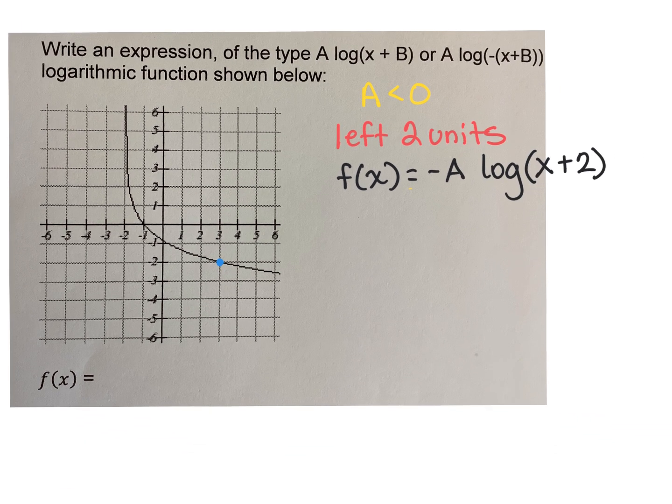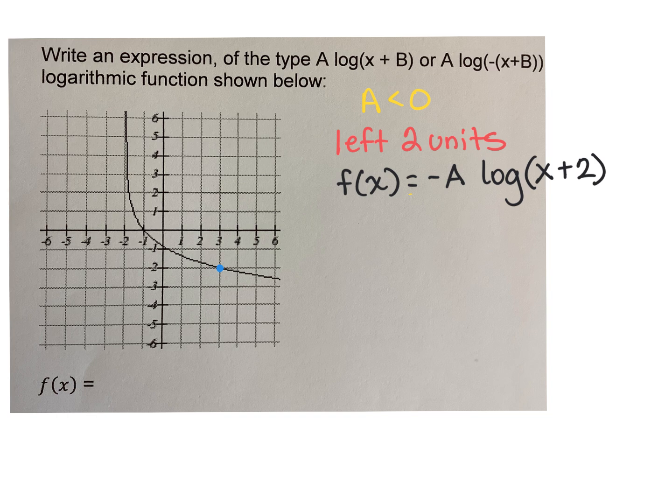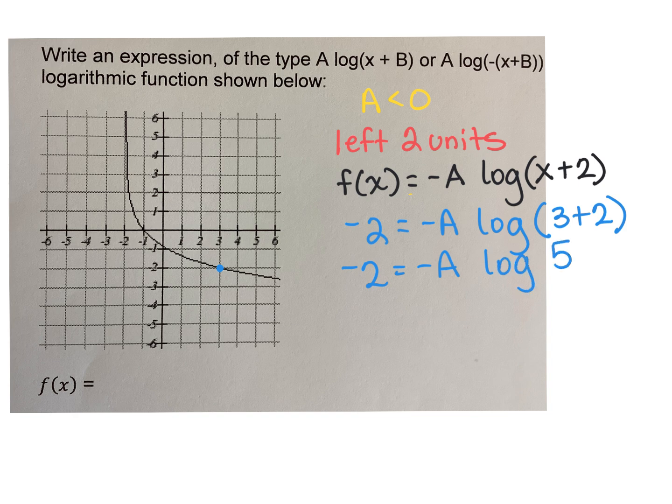So we come back over to our equation and we are plugging in -2 where the x is. I know that a has to end up being a negative number when I finish. And then I have log of, my x value is 3 plus 2. So I have -2 is equal to -a log 5. Now, log 5 is a number that I do not know its value, and I do not want the decimal.